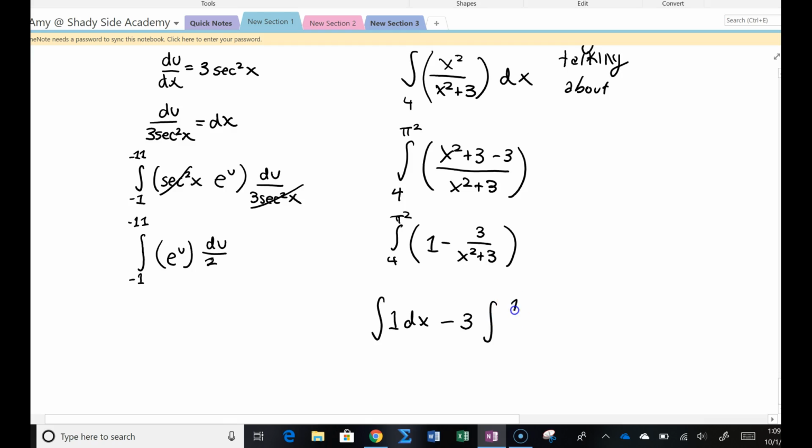Wait, how'd you get to that second step? Like, what is that step? It's this step. You just divide, like she factored 3 out, you just divide by 3. So you got x squared over 3 plus 1.